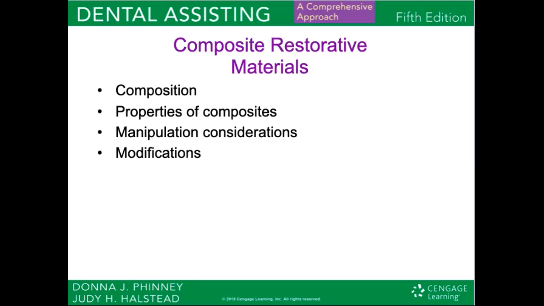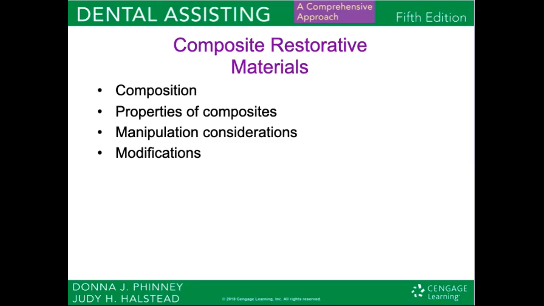Some modifications of composite materials include macrofill composites, which are used for class 4 restorations. Microfill composites are more strong, and because they're more strong, they're used in class 4 restorations, which usually include a cusp of a back tooth.